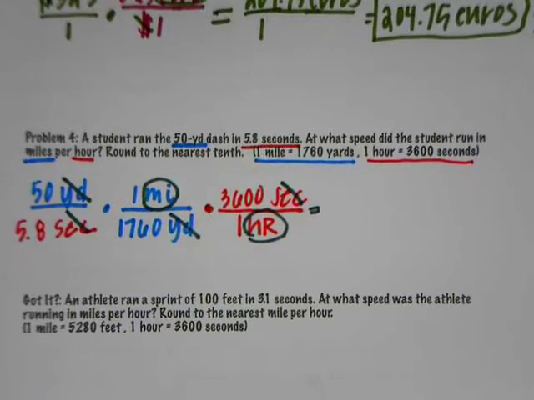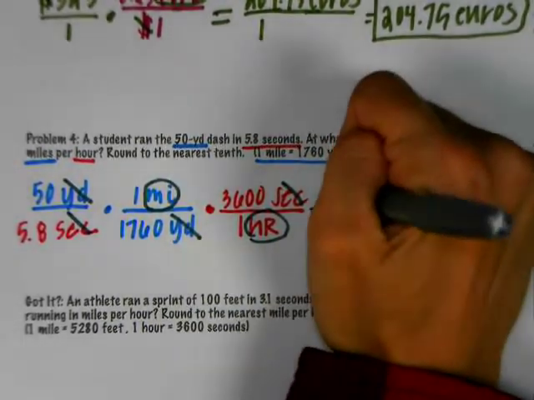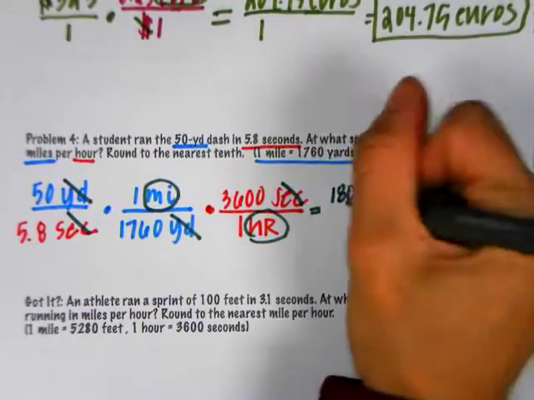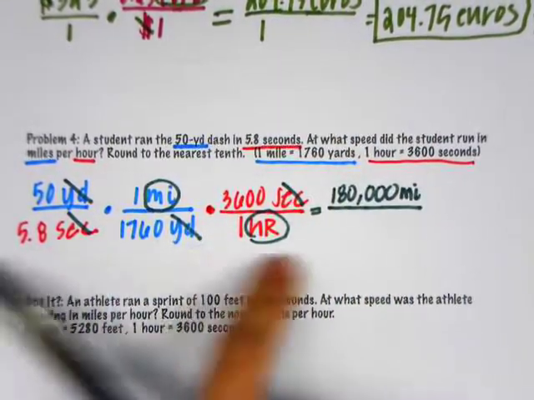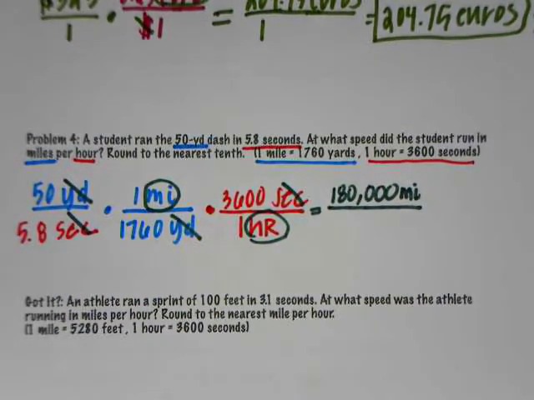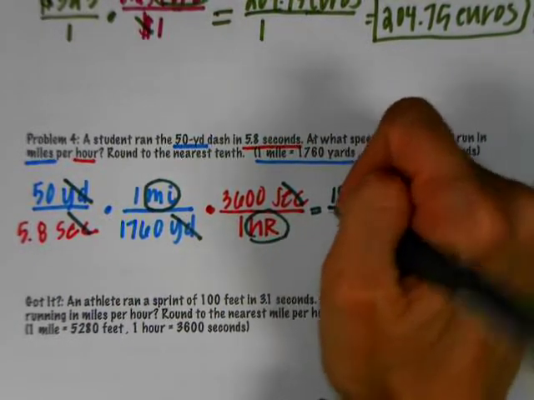So what you should get in the top is 180,000. 180,000 miles. And then on the bottom, multiply all that together. 5.8 times 1,760 times 1. You should get 10,208.